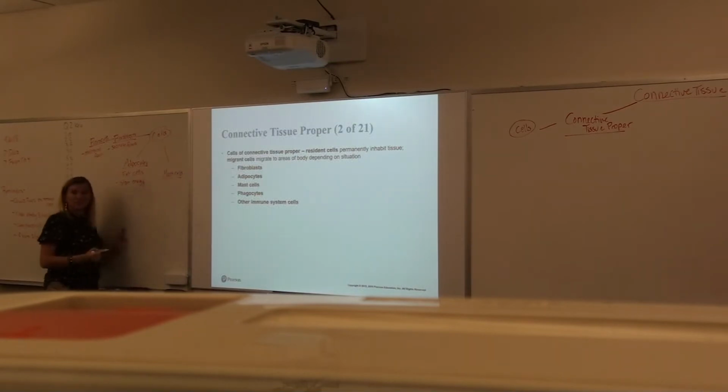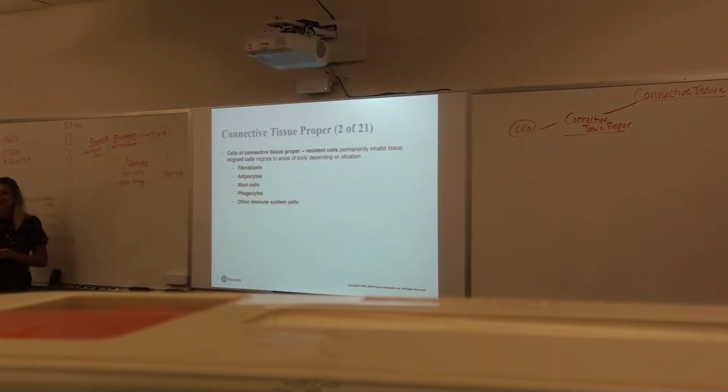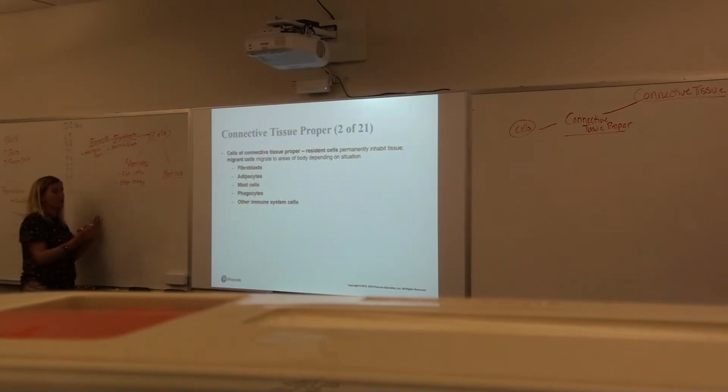What do mast cells do? Does anyone remember? They don't grow anything. It's kind of related to immunity. Yeah, they bring about the inflammatory response. They're going to be activated when there's some type of injury, and they're going to induce the inflammatory response.